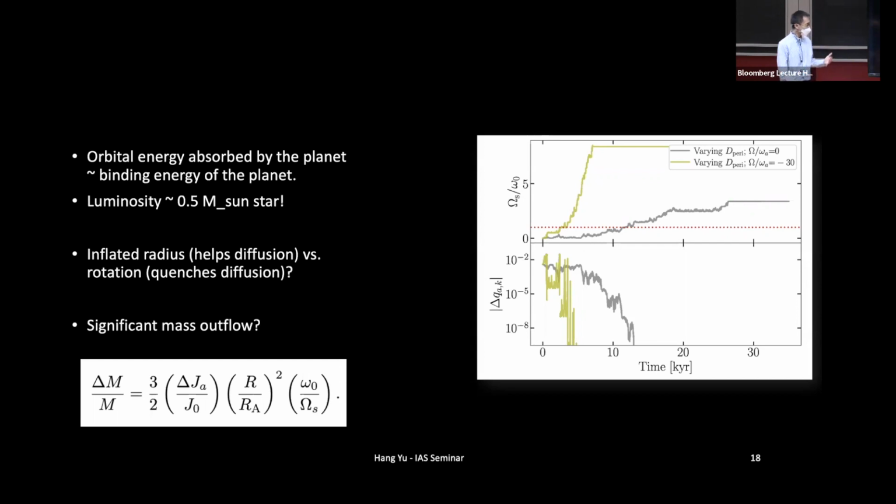If this happens, then in order to get rid of this excess angular momentum, the planet may need to experience some significant mass overflow. This could result in the planet losing more than tens of percent of its original mass in order to dump away this angular momentum gain.